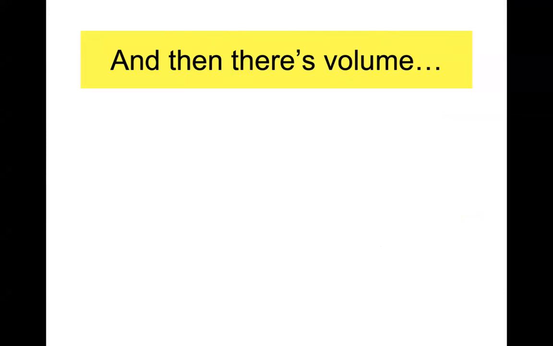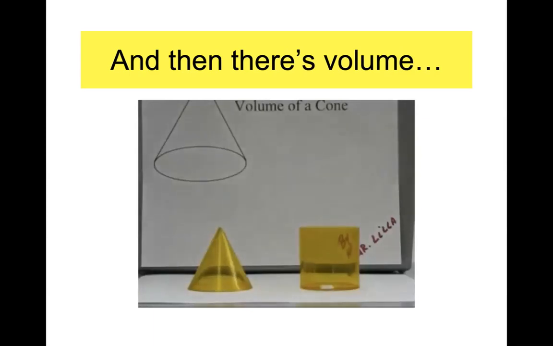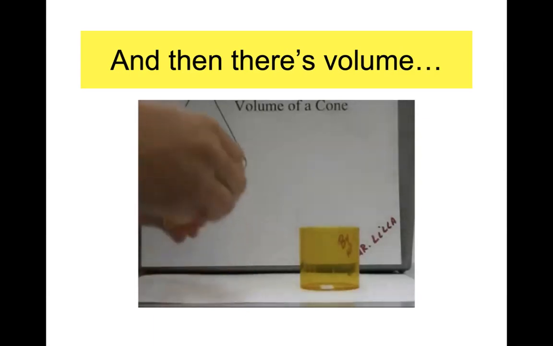This is just a video of someone taking a cylinder with a given height and a given radius and a cone of exactly the same radius and exactly the same height, filling up the cone with liquid and pouring it into the cylinder. Well, I'll let you watch the video. Fill the cylinder if it is 1/3 of the volume.